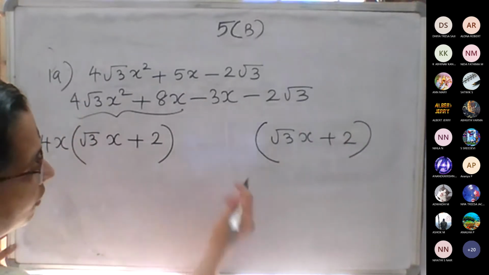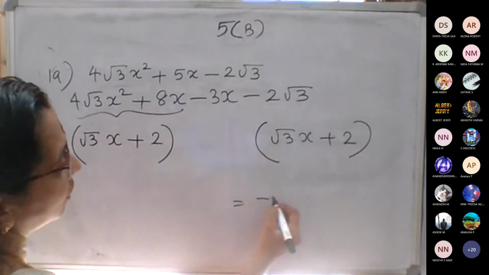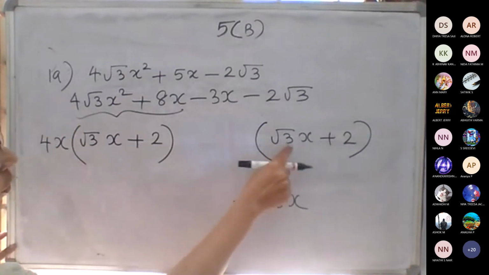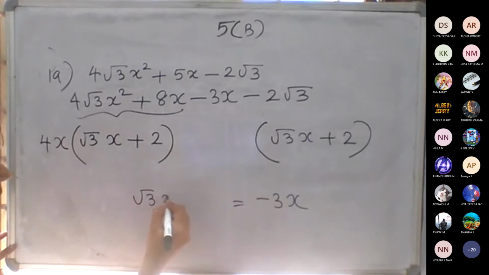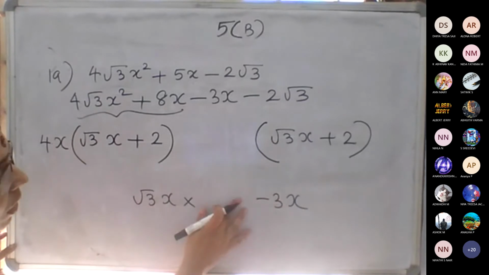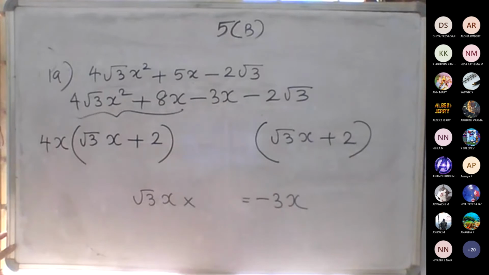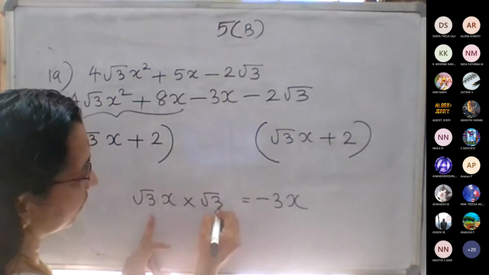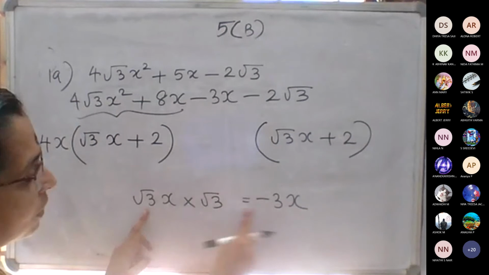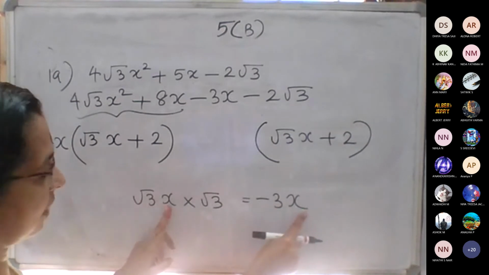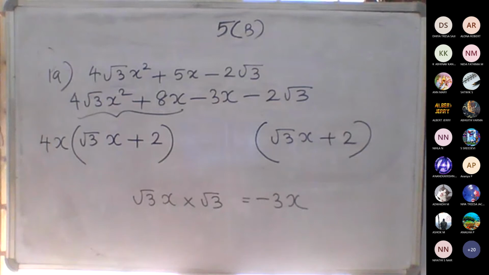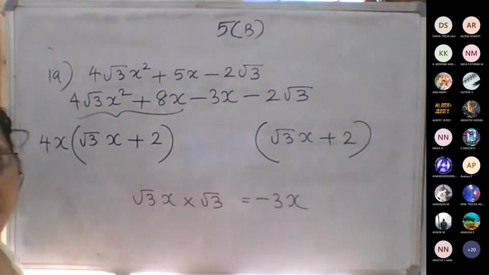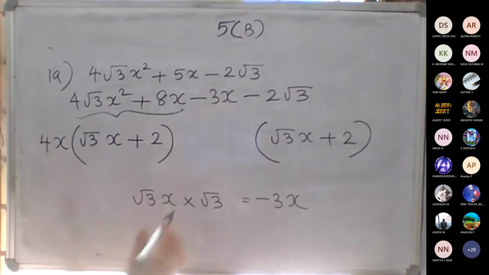Then the next bracket should be the same, root 3x plus 2. So here what do we have to write? We have to get the answer as negative 3x. We have only root 3x into dash. Root 3. Root 3 into root 3 is 3, x is there, but the sign is negative.